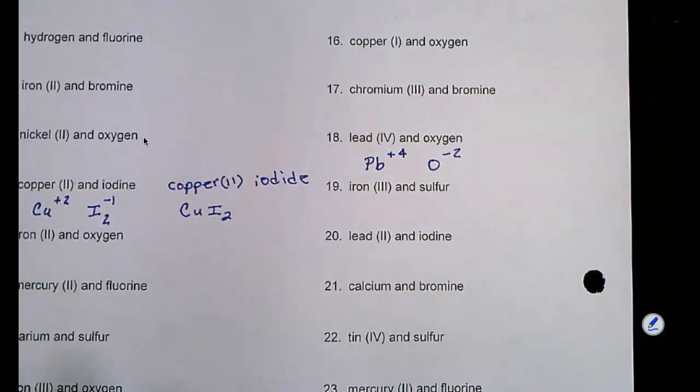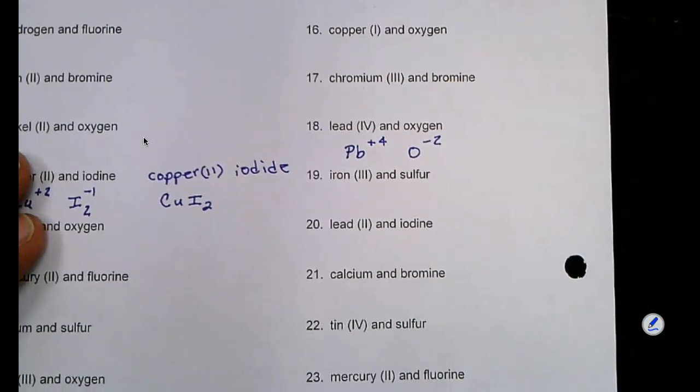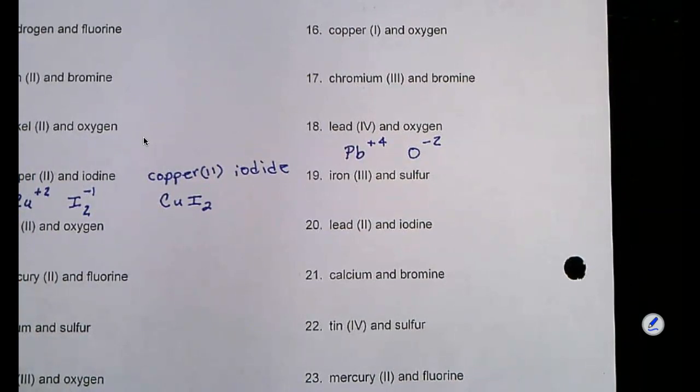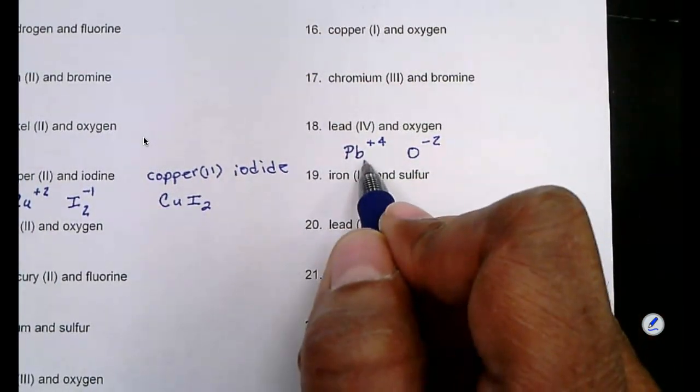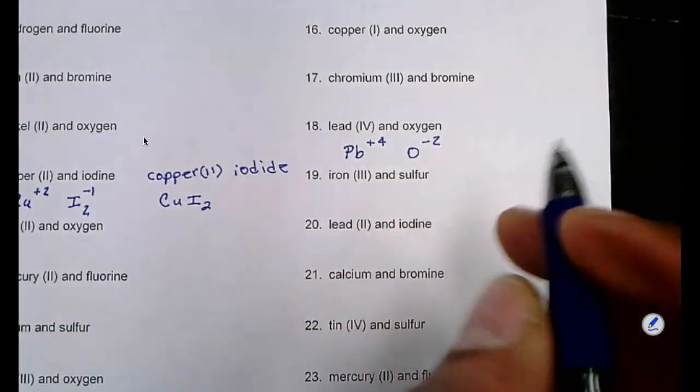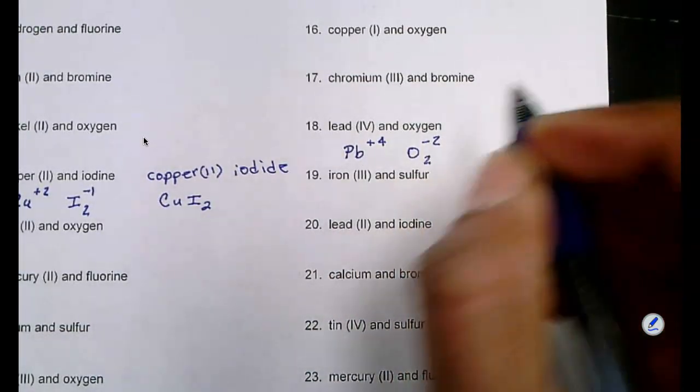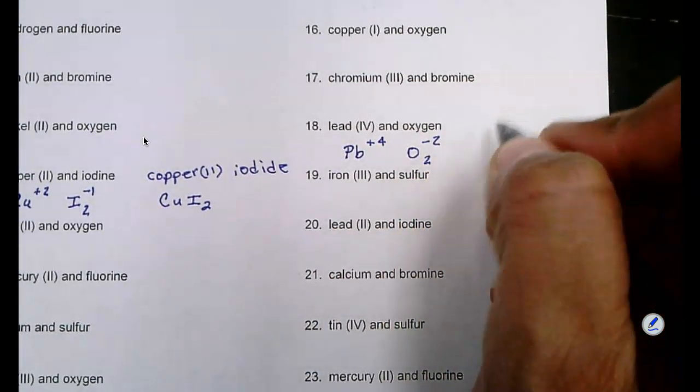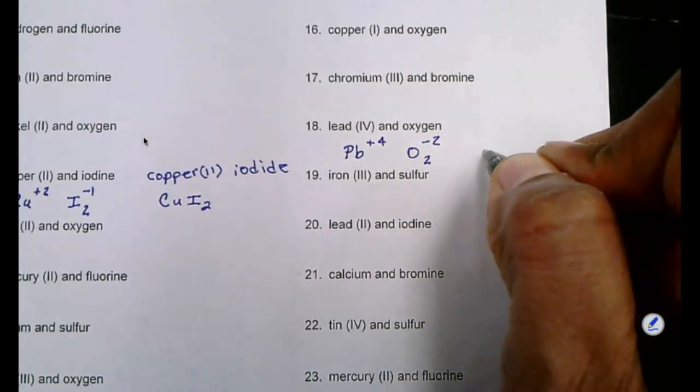What's the first number that they both go into? It's not 8. The first number that they both go into is 4. Lead, you need 1 of them to get to plus 4. Oxygen, you need 2. 2 times minus 2 would be a minus 4. So we're going to do PbO2.